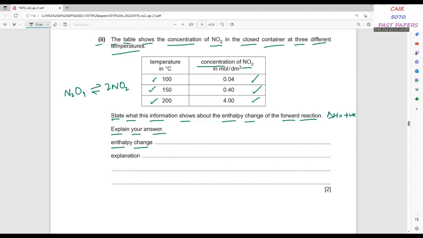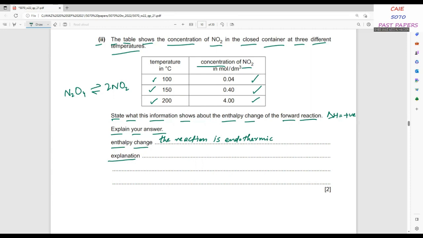So you can write the reaction is endothermic. Then you can refer to the concentration of either NO2 or N2O4 at different temperatures.